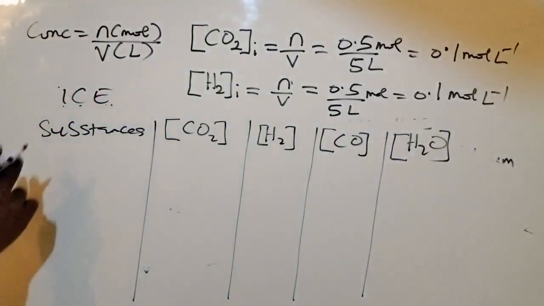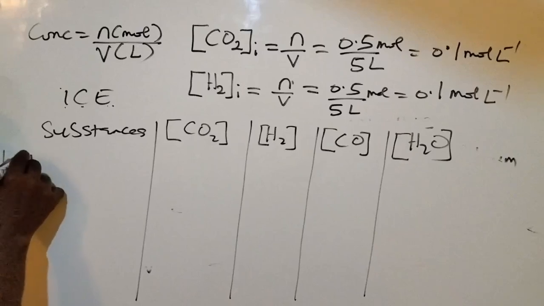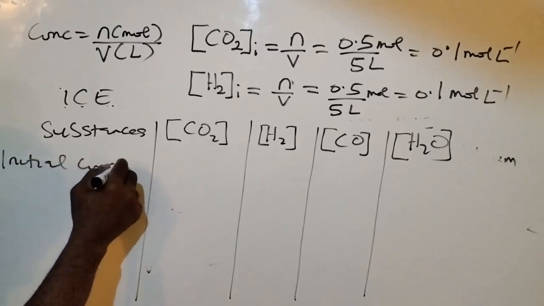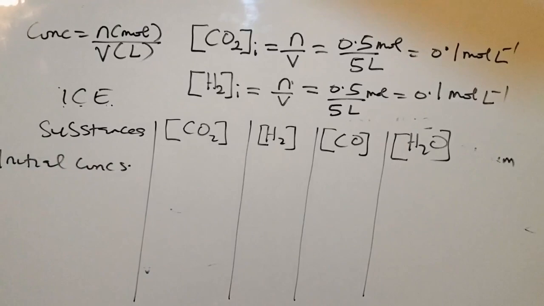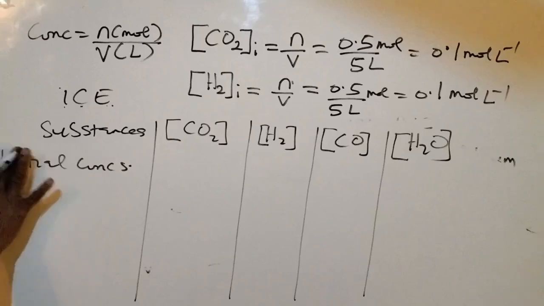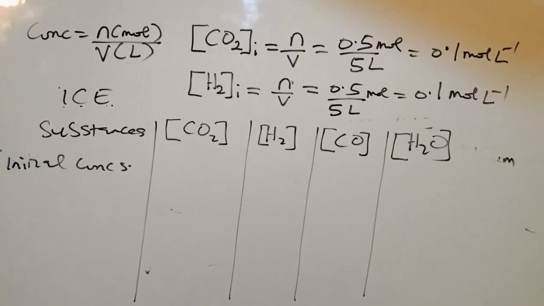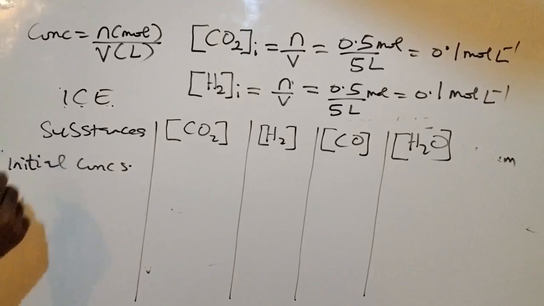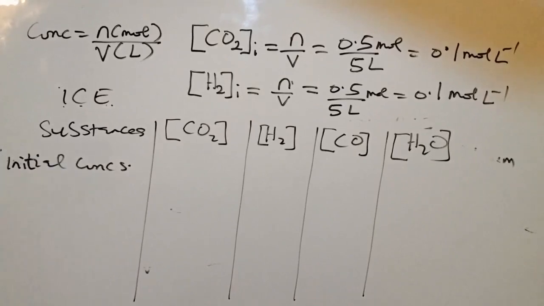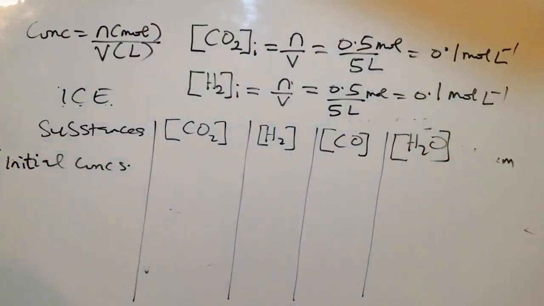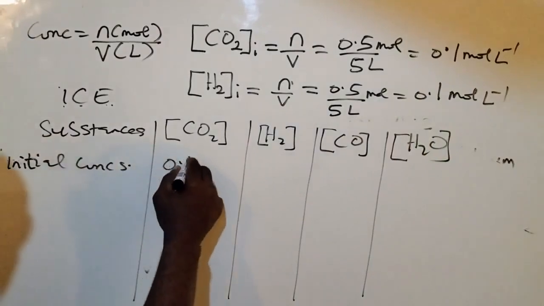So the first I means the initial concentrations, initial conc, as abbreviated. The initial concentration of CO2 has been calculated as 0.1. I'll have it above, 0.10.